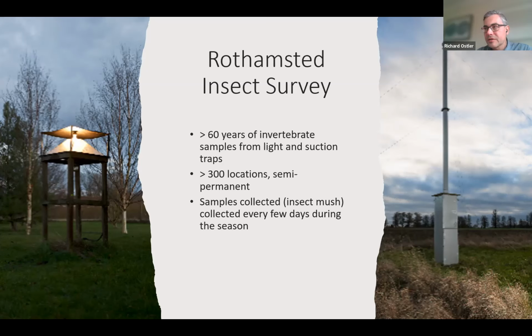We have about 300 locations, and samples are collected as a kind of insect mush every few days during the season. So we've got several 100,000 insect samples going back 60 years. These are routinely analysed to see what the contents are, but we are only interested in a few species there. So there's still a lot more information that we can extract from these samples.